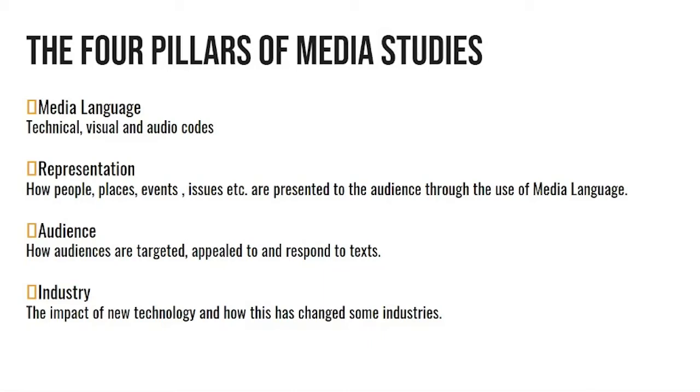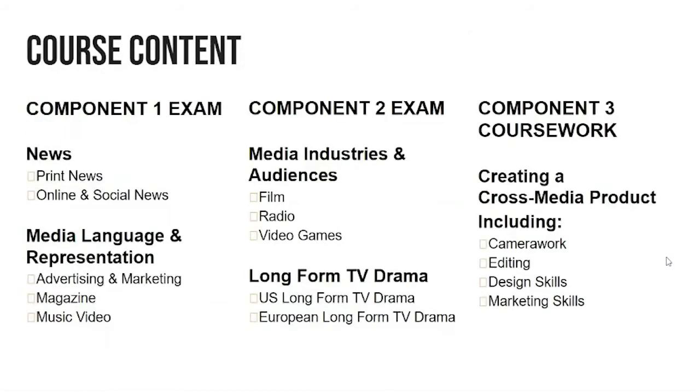So this industry context has had a huge impact on how the media industry exists, the strategic decisions they've made over the years, and how it has entirely changed some industries, such as the news industry, for example. So we really explore these 4 pillars in a lot of depth in media studies, and this really helps us to understand as individuals what it is that we're exposed to in the media and how we could decide to respond to that rather than just responding to it in the way that we maybe passively just naturally do.